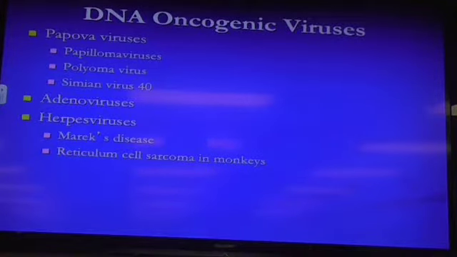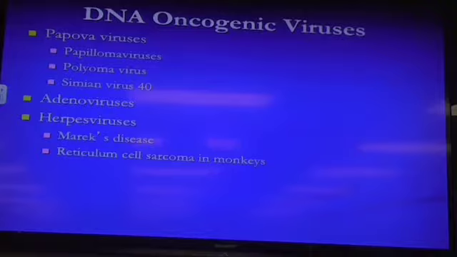Okay, so here are some examples of DNA oncogenic viruses. You have papovaviruses, which is the Papovaviridae family, which includes polyomavirus. Simian virus 40 is a type of polyomavirus. You hear about that with non-human primates. And papillomavirus.